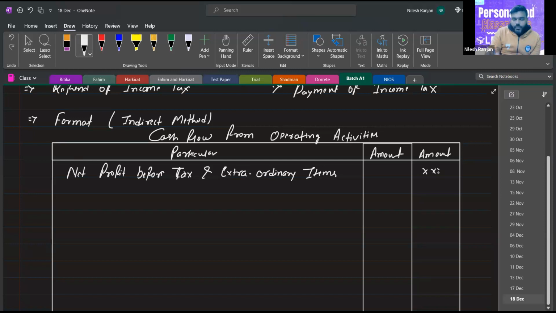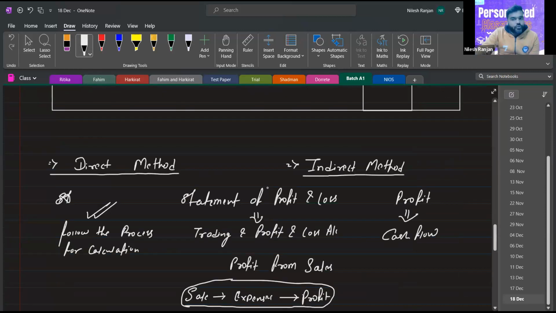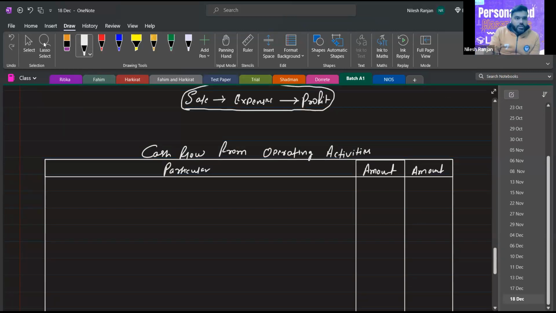This is our amount, and we have to calculate this. In some of the questions, it may be given, but in most of the questions, you have to calculate this amount.